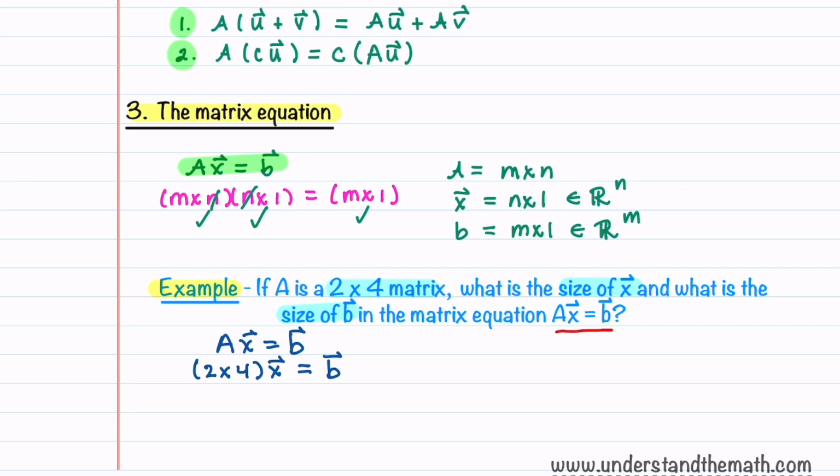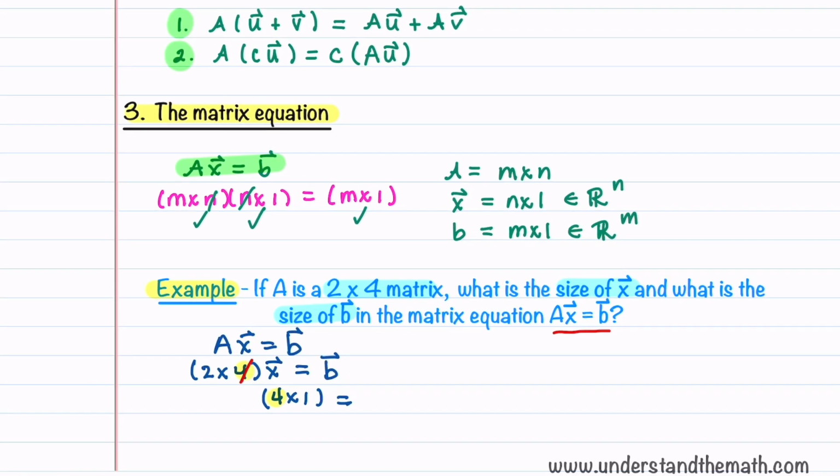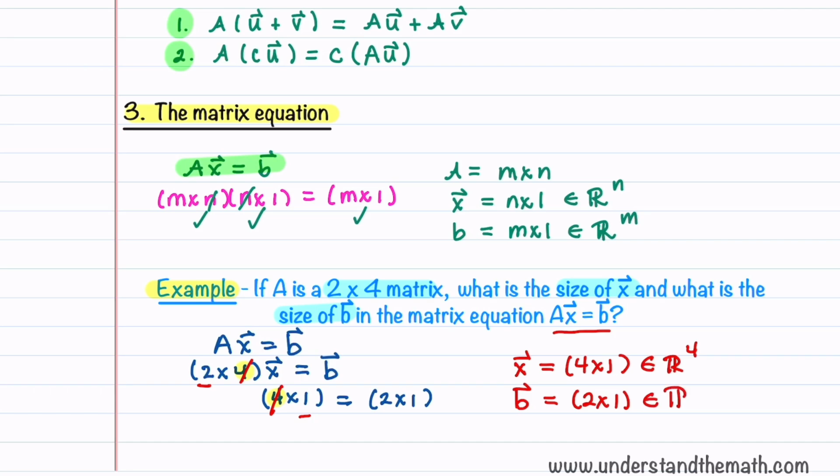The only way that A can multiply X is if X is a 4 by 1, because these two numbers need to be the same. Once we know what X is, we can figure out what B is. We're going to ignore these numbers, and then B is going to be a 2 by 1. So our answers are that X is a 4 by 1 matrix, and it's an element of R4, and B is a 2 by 1 matrix, and it's an element of R2.